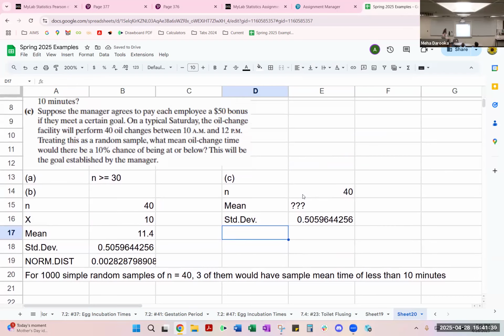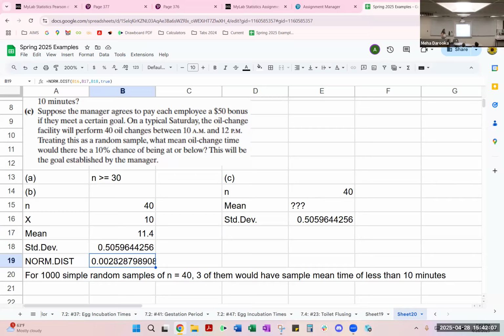What does the 10% represent? That is actually what this answer comes out to be, right? When we plug in our X value, our mean, and our standard deviation, it gives us the probability.